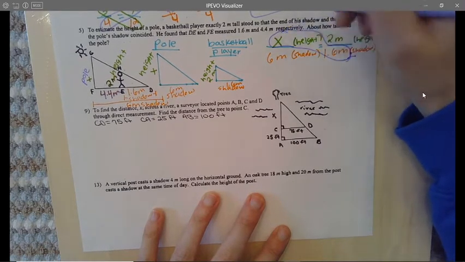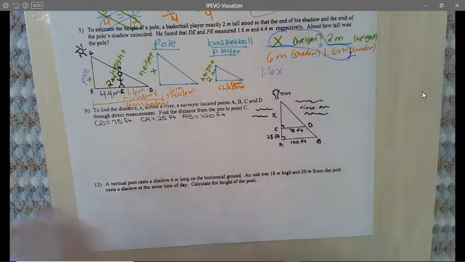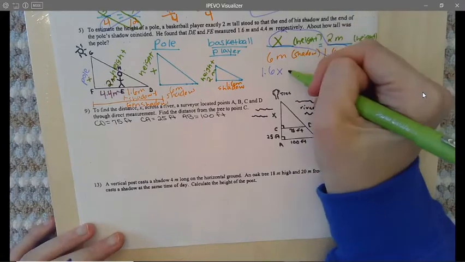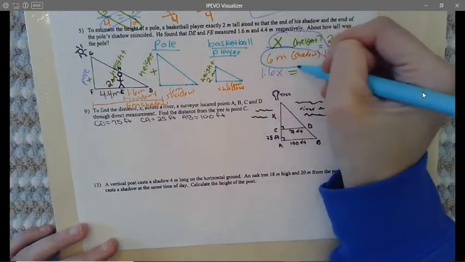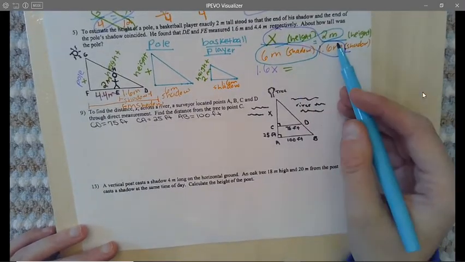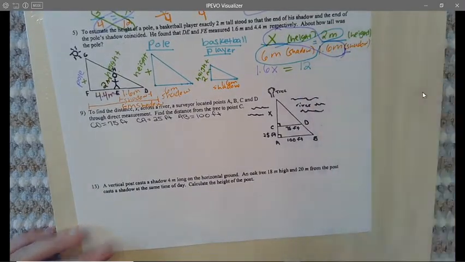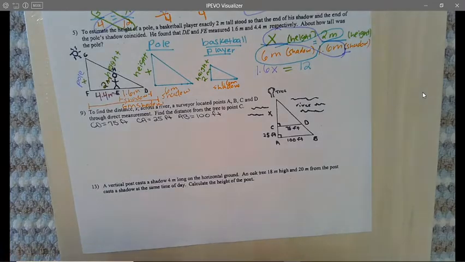Okay, so X times 1.6 is 1.6X, and that will equal the other way. So 6 times 2. Okay, which 6 times 2 is 12. And all we have to do is solve for X, which the 1.6 and the X are secretly multiplying.